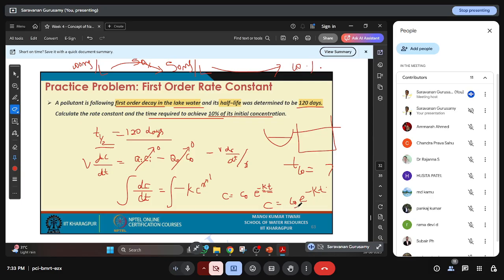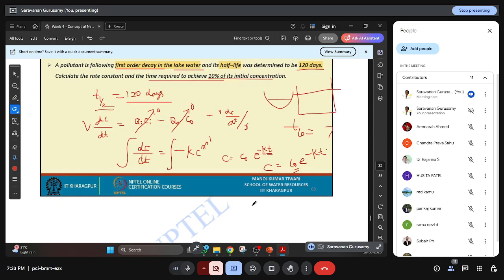So C0, the initial concentration, we don't know. That we can find with the half-life. C half equals initial (we don't know) times e^(-k) (we don't know) times time, 120 days it's taking. Now they are asking what is the C of 0.1, initial we don't know, e^(-kt) we have.